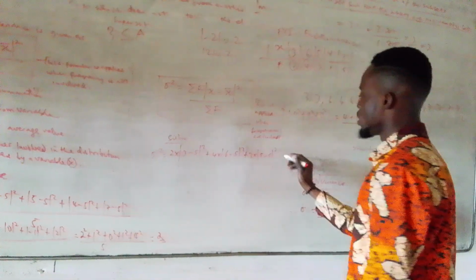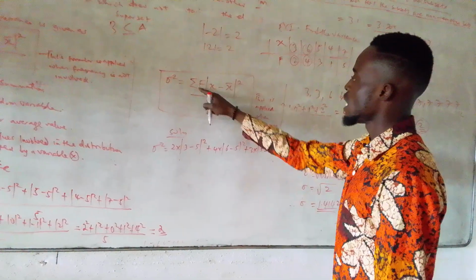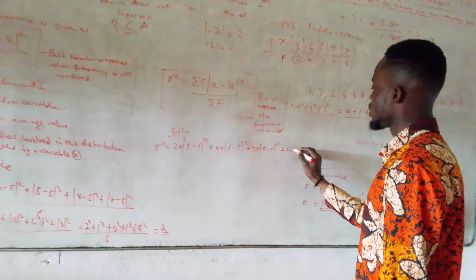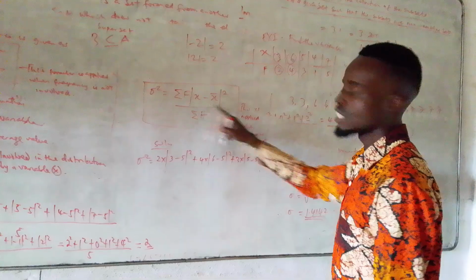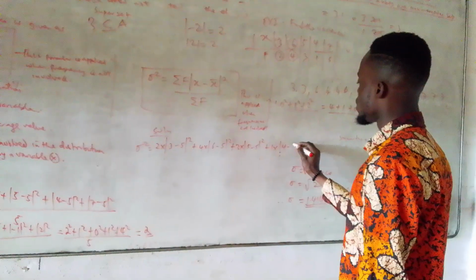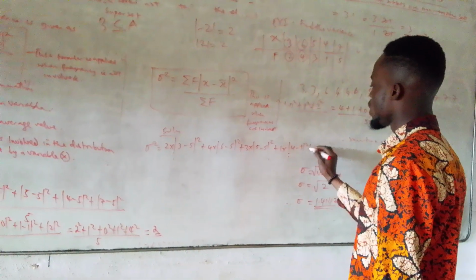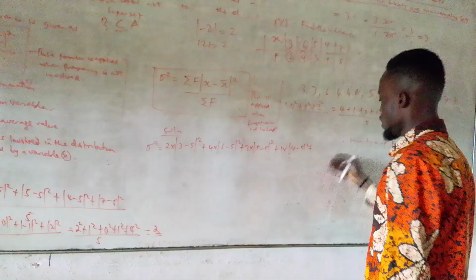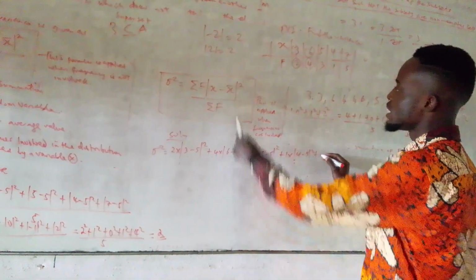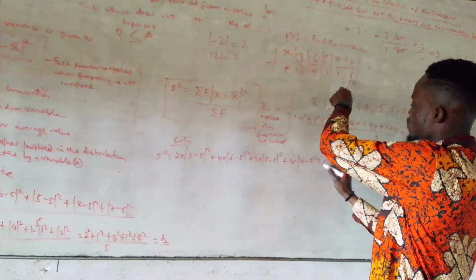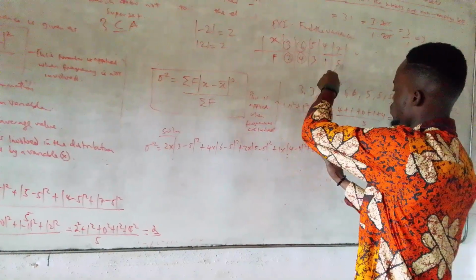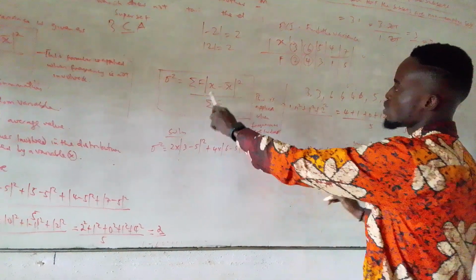Are you there? Plus f again, the next frequency, 1, times absolute value of x, 4 minus 5 squared. Are you following? Then lastly, my f is 5, which is the last frequency, times absolute value of x, 7 minus 5 squared.